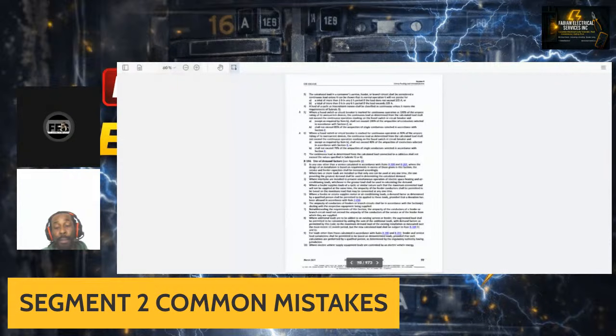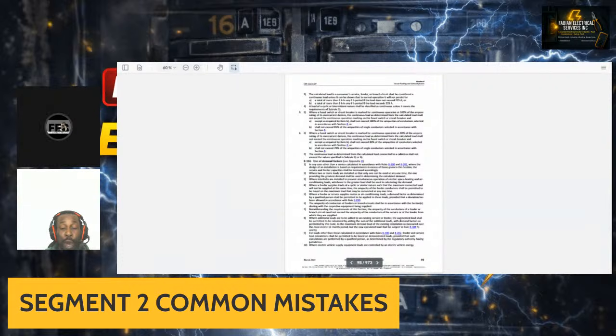The breaker protects the wire itself, the circuit. It doesn't protect the devices, and that's the problem with a lot of people. A lot of electricians, even homeowners and apprentices, get it confused. You do not undersize the breaker.